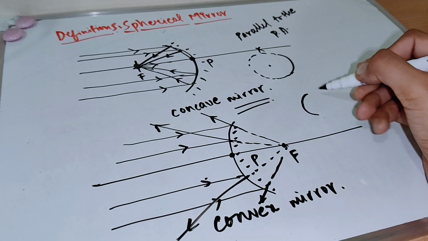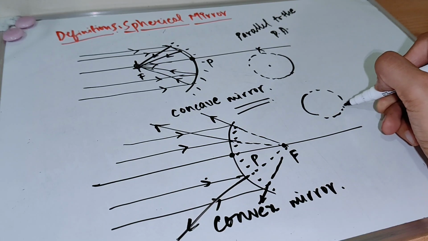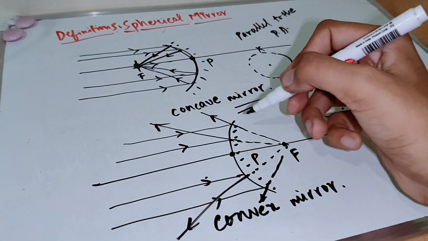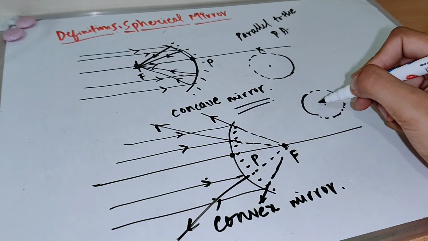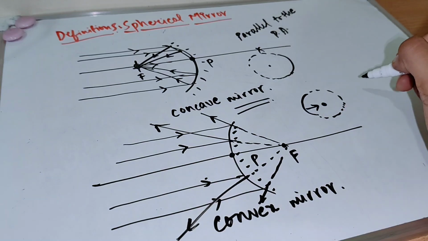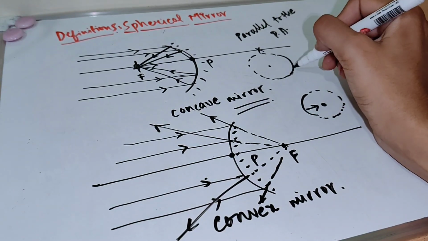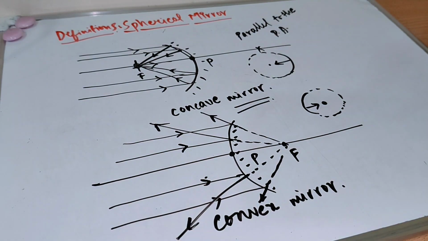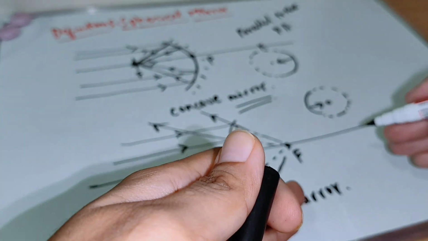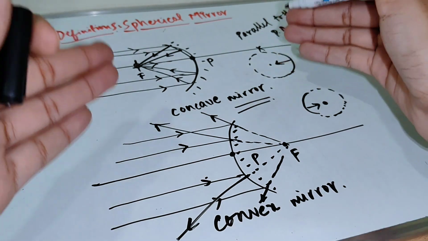If I talk about this other mirror, it was part of this sphere, so its center lies on the right hand side, and for the first mirror the center lies on the left hand side. So the focus will lie on the left and right hand sides respectively.